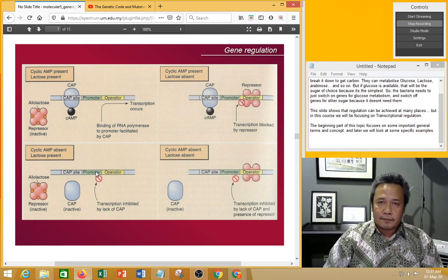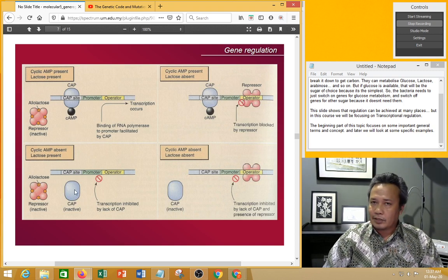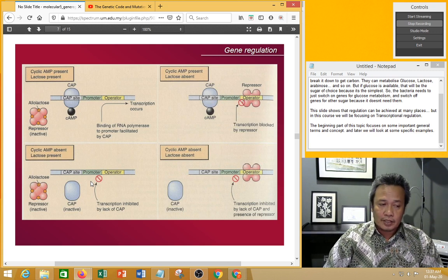What about this one? You have allolactose, which means lactose is being broken down, but there's no cAMP. You don't have cAMP, so it cannot bind to CAP, and CAP cannot bind to the CAP site, so there's no transcription. Why does that happen? Because glucose is present.